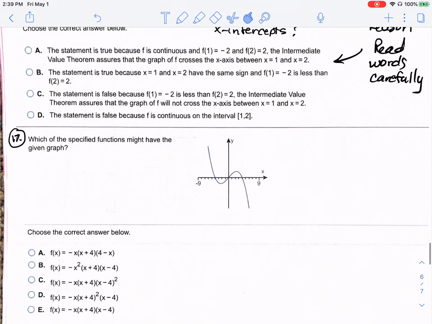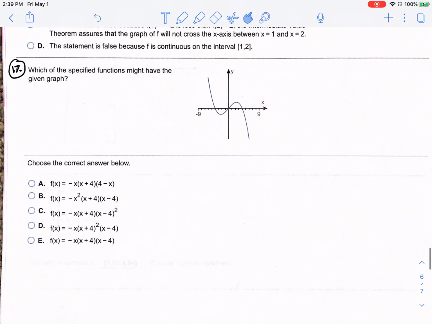Number 17. Which of these specified functions might have the given graph? This is looking like it goes 1, 2, 3 directions. So that should give us a power.